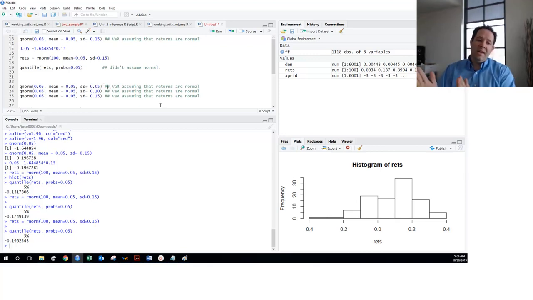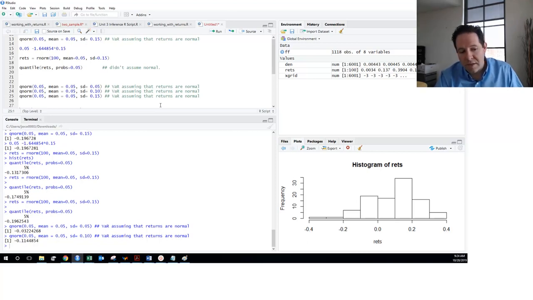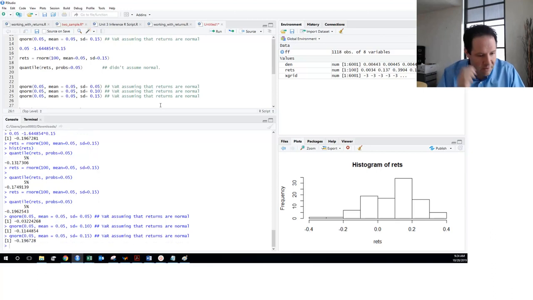Notice increasing standard deviation, what's that going to imply for the value at risk? Well, the value at risk for the low standard deviation is only minus 3%. That's the bad case scenario. The value at risk for the medium case standard deviation is 11.4%, so it's worse, and the value at risk for the 15% is still worse.